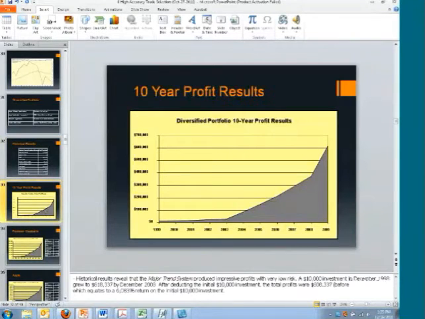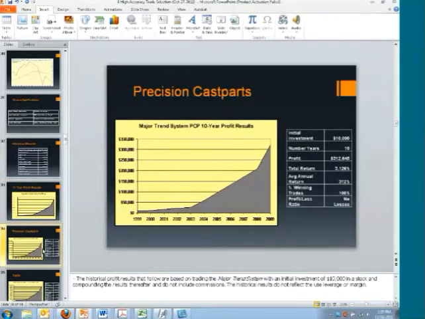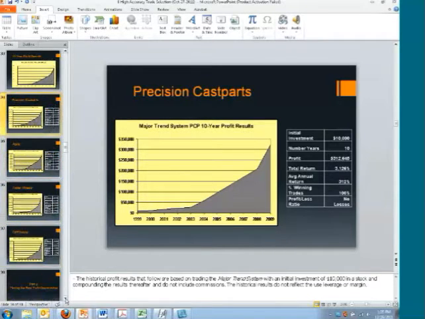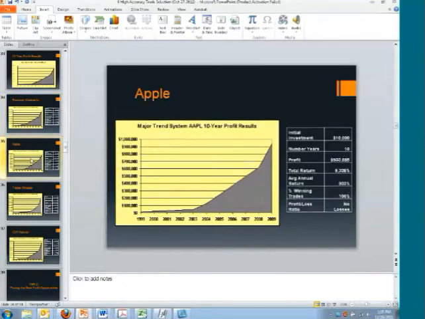Here's a graph of that profit from that diversified portfolio of stocks. And here's some of the individual stocks in that portfolio and how they perform. This is for Precision Castparts. Apple, a $10,000 investment in Apple produced a $933,000 profit.